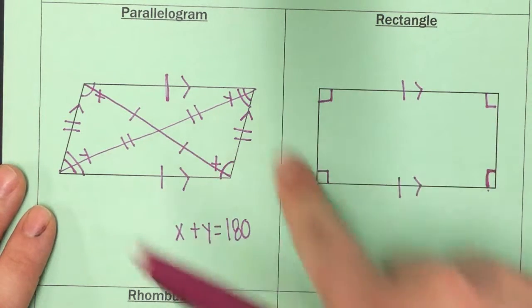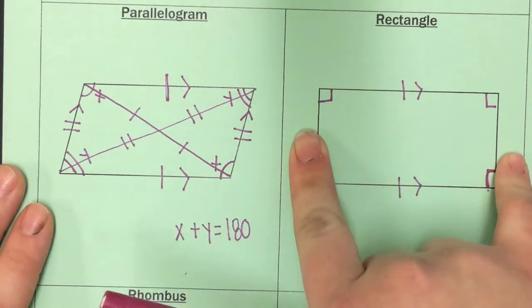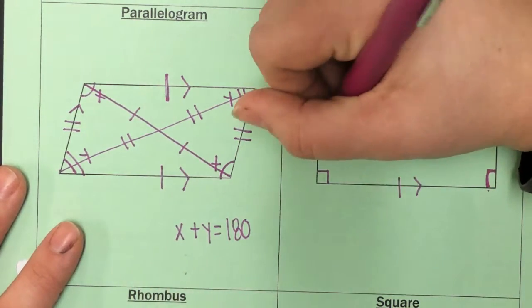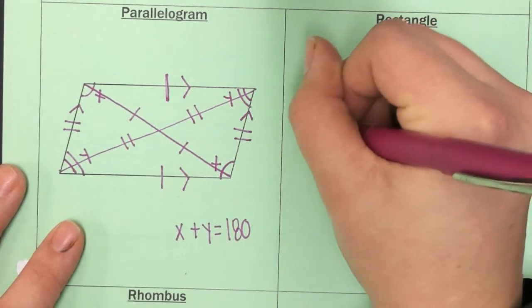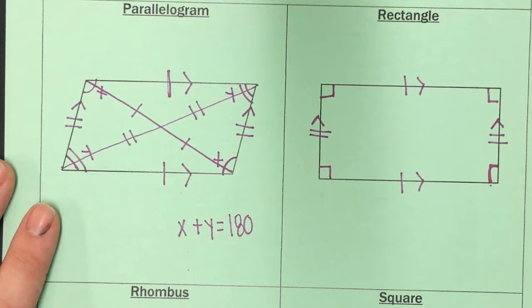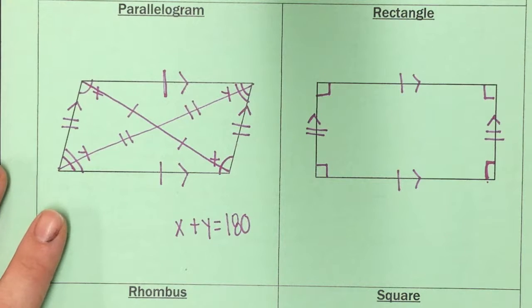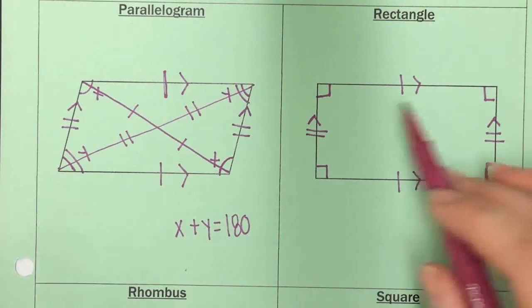Are all four of the outsides congruent? No, we'll get there. But these two are equal, and they are parallel. The diagonals? Okay, so we've got everything now for the outside.